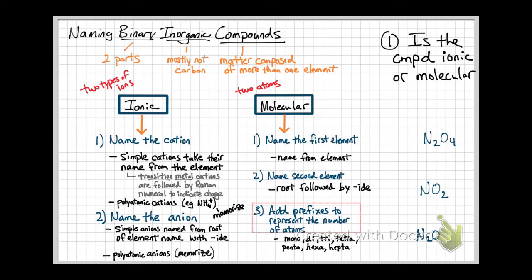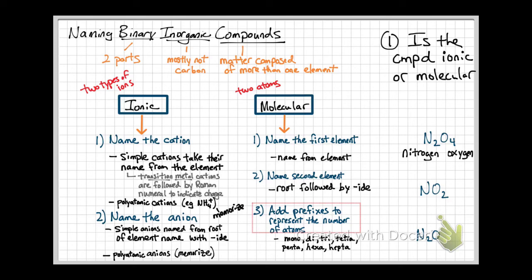So now we see these examples of molecular compounds. Let's have some practice at this with the first one, the N2O4. I start by naming the first element, and it just takes its name without any modification, so nitrogen. The next element, name the second element, is oxygen. So the root, in this case, is going to be OX only.